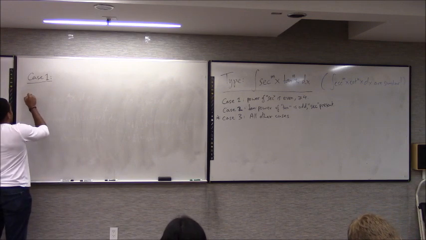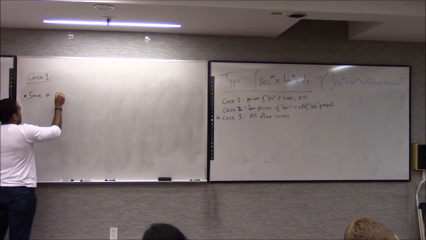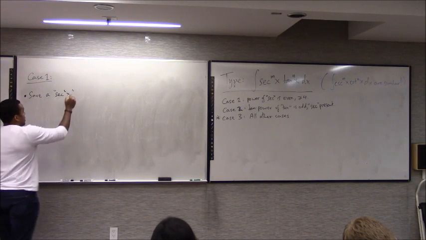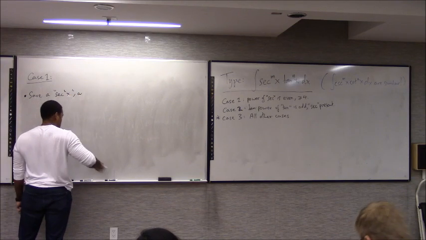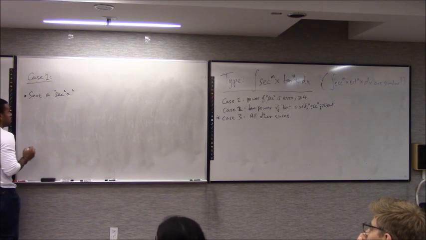Here is what you do. You save a secant squared. Remember, just like last time, you'd save a sine or a cosine; here we're saving a secant squared.